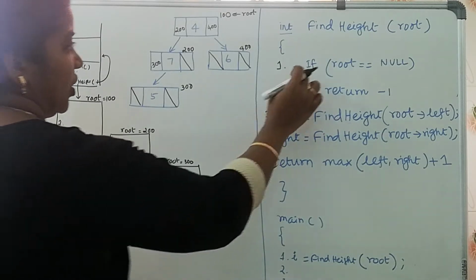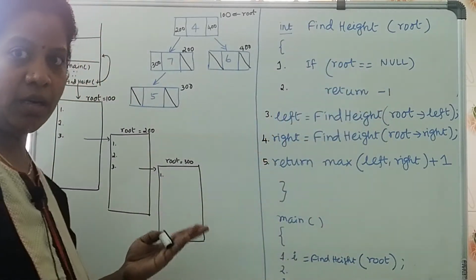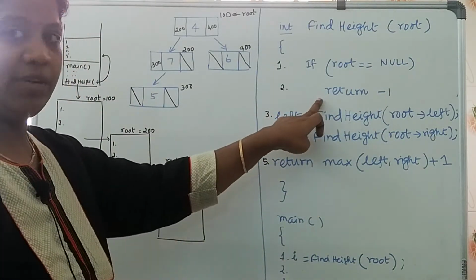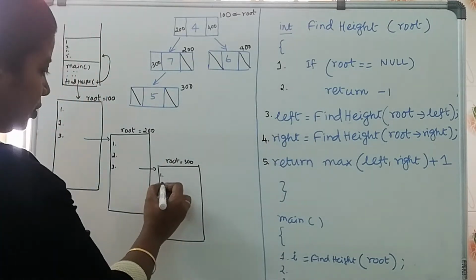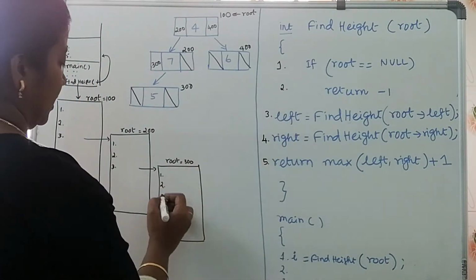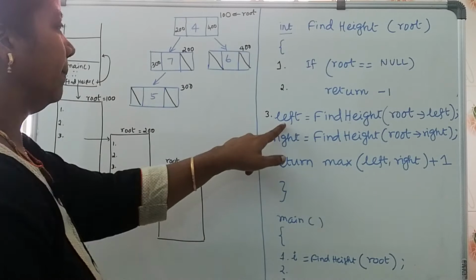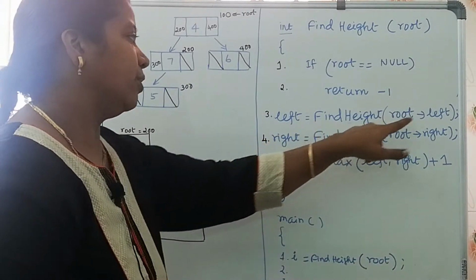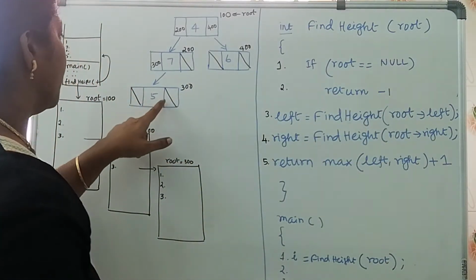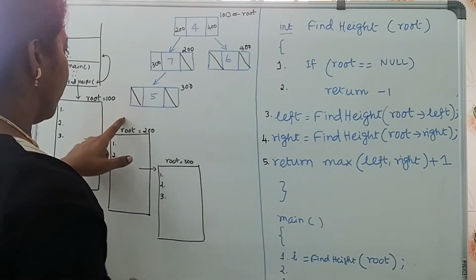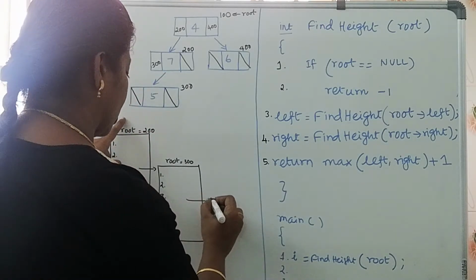First it will check if root equal to null. It is not null, so it will not execute line number 2. It will execute line number 3: find height of root of left. Now root is pointing to 300, and 300's left gets called.